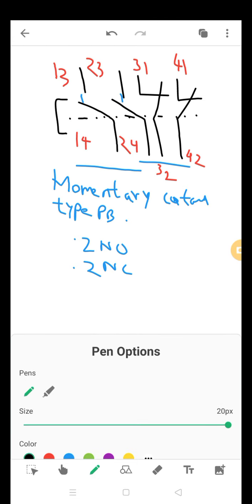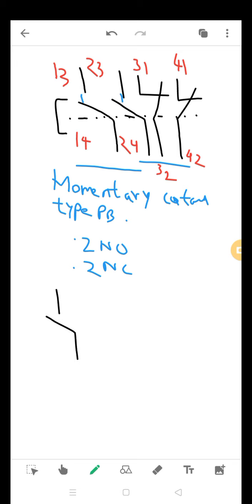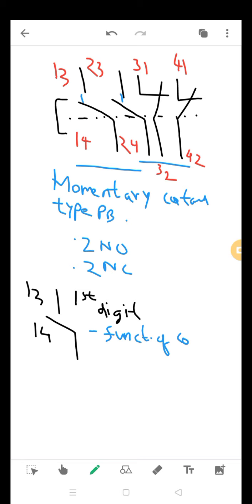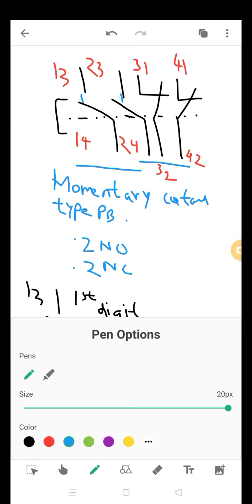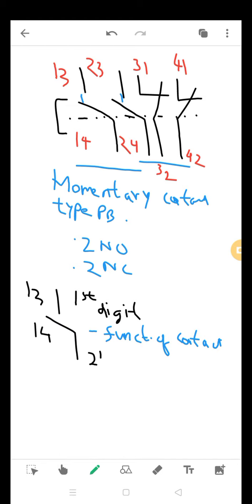Whenever we are representing, say like this, where we have this one as 13 and this one as 14, the first digit tells you about the function of contact, and the second digit tells you about the serial ordering.